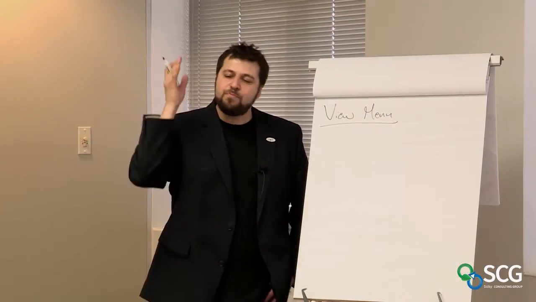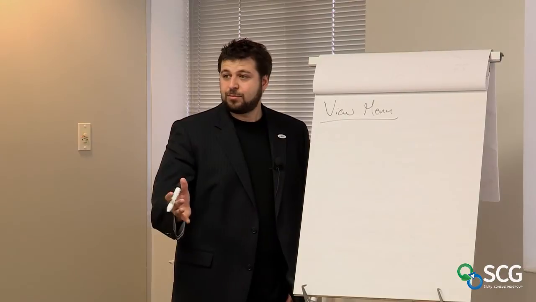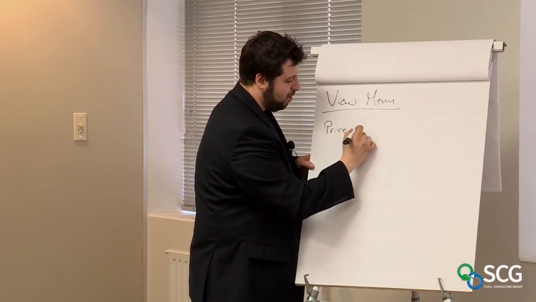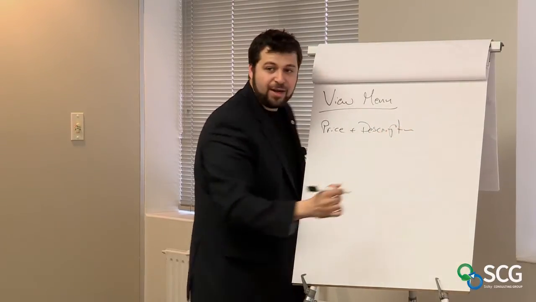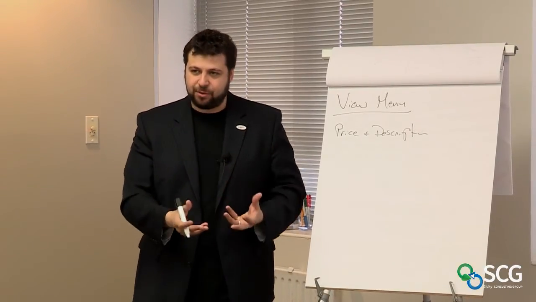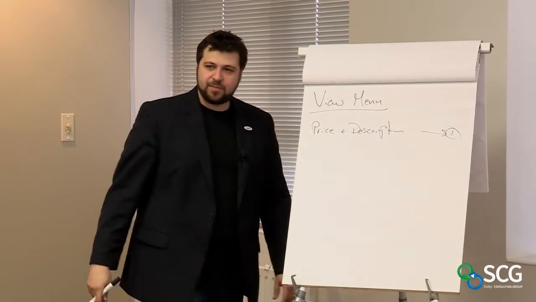What part of the menu must you have? What do you guys think? A price, right? And a description, right? I mean, if you don't have a price and a description, why do you even have a menu? So those are my basic needs. That's sort of like my first slice.